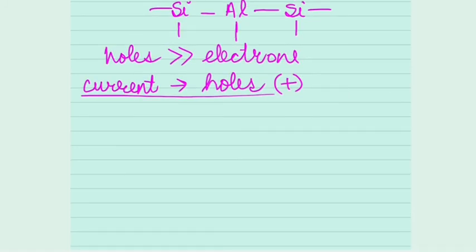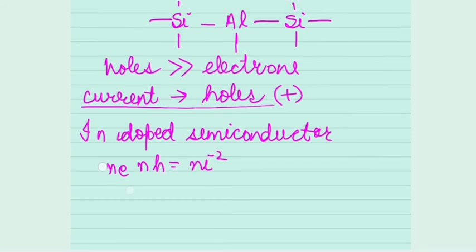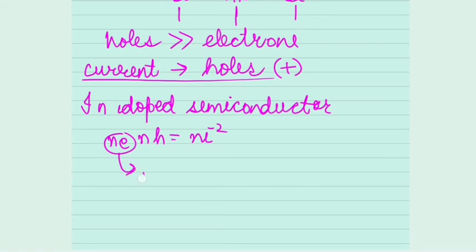Afterwards, in a doped semiconductor, there is one equation that you have to learn. In a doped semiconductor, the equation is NeNH equal to Ni square. What is Ne? This Ne is the number of electrons.